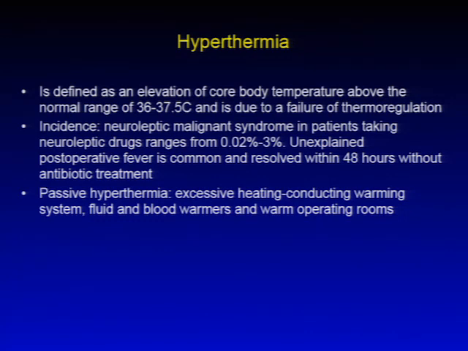Unexplained postoperative fever is common and will resolve within 48 hours without antibiotic treatment. Passive hyperthermia could happen when the patient is too warm from excessive heating, conducting warming systems, fluid and blood warmers, and warm operating rooms.